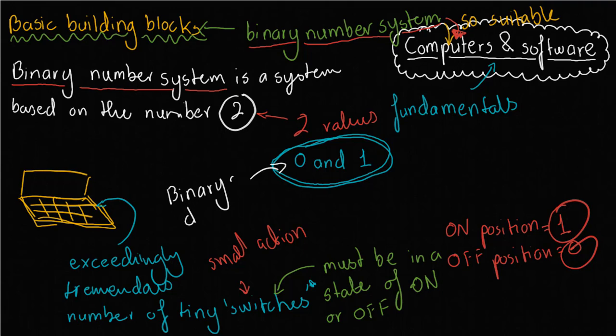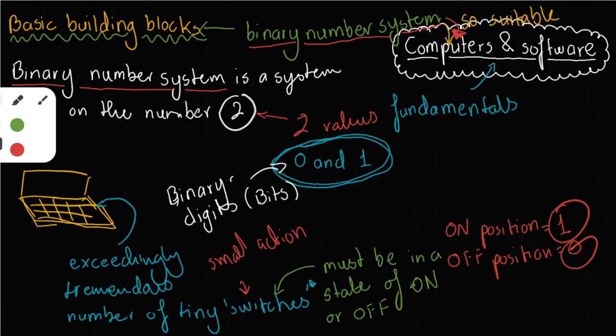Let's write down digits. For short, we call them bits, so you can call them binary digits or bits. If you have 8 of these binary digits put next to each other, it forms a byte.